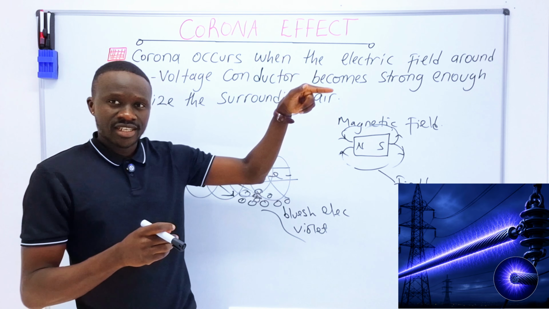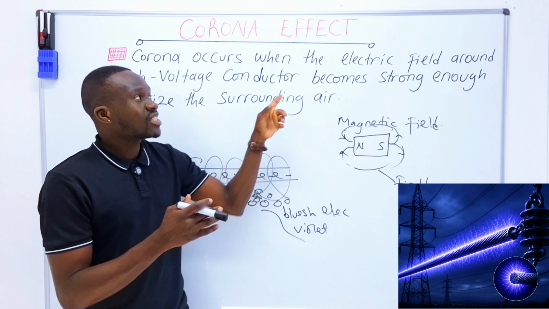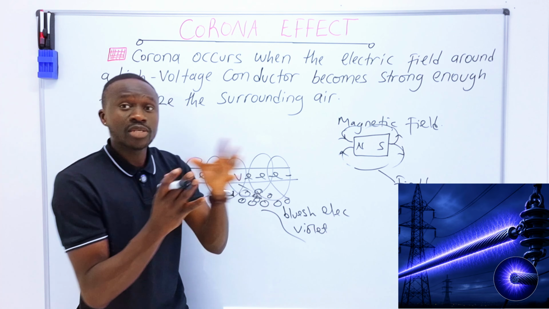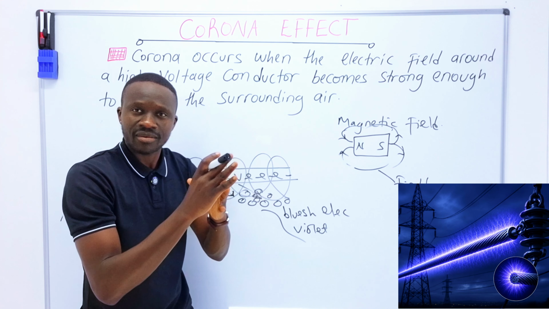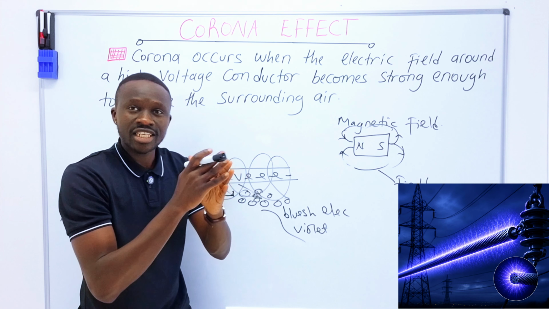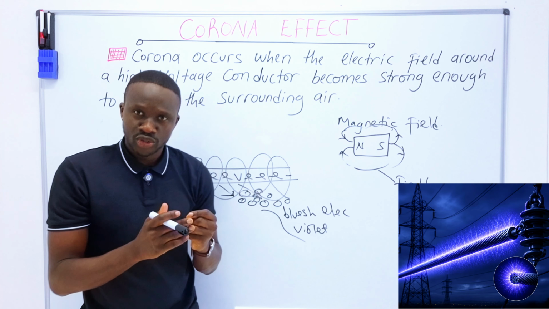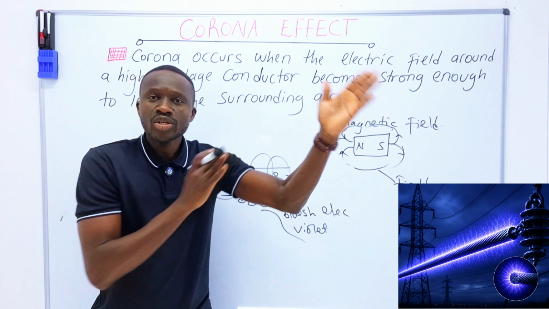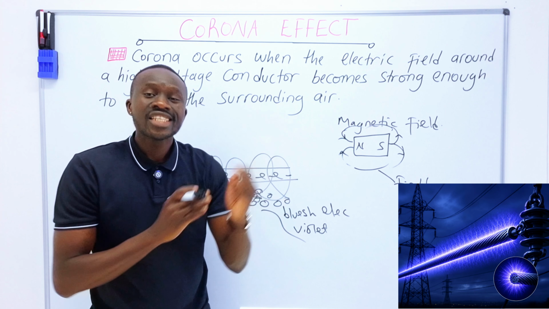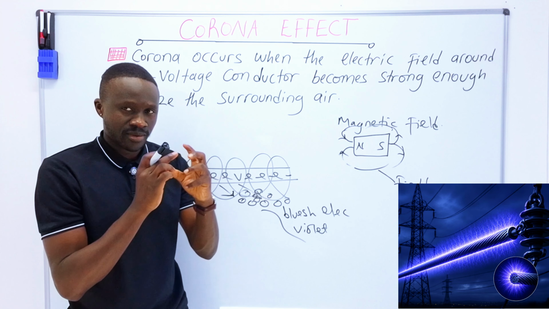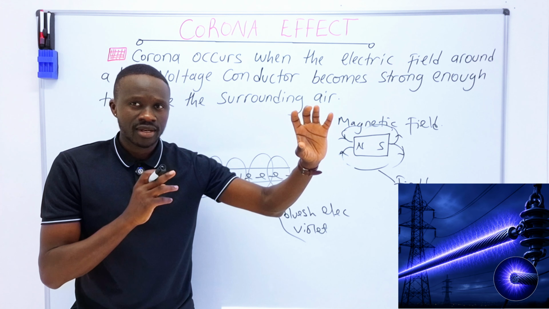When the electric fields are very strong, it brings that bluish color. That bluish color means the electric fields are colliding with the air molecules, and their collision causes a small hissing sound you will feel.